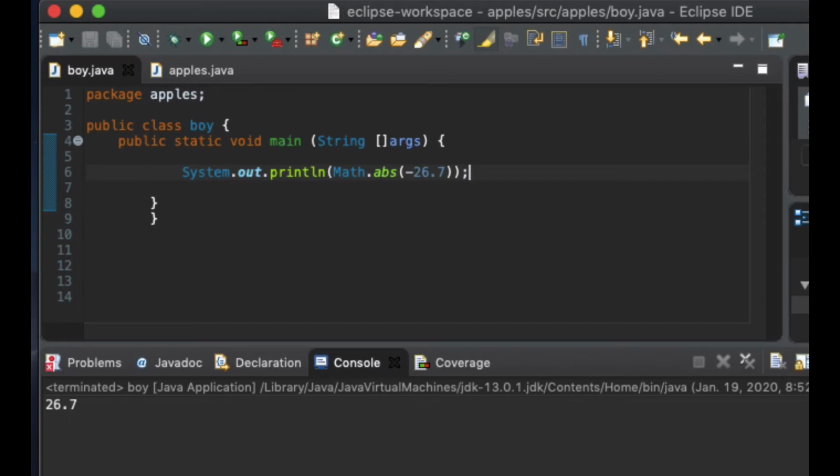Another thing is, we have something called ceiling and floor. Ceil rounds to the highest possible number. Let's look at an example. So math.ceil, and I take this negative out.